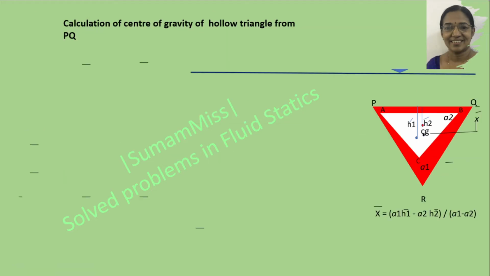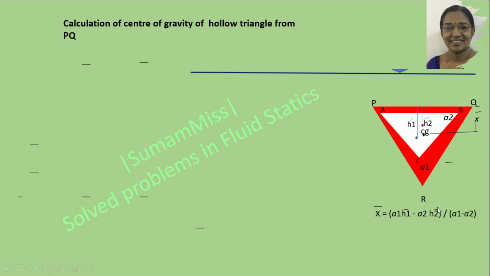In the present problem, the surface is a hollow equilateral triangular plate. If the triangle is not equilateral, then we have to use this general expression for X bar, the position of the center of gravity of this hollow plane with respect to the base, which is calculated as A1 h1 bar minus A2 h2 bar divided by A1 minus A2, where A1 is the area of PQR and A2 is the area of ABC. h1 bar is the distance of the center of gravity of PQR with respect to PQ.